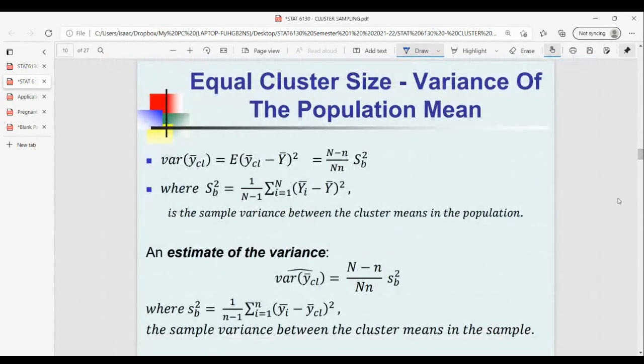So when we have clusters of equal size, what we would like to do always is just to find the variance of the cluster mean. So this is y bar with a subscript CL. So this is, let's call it, the cluster sample mean, right?